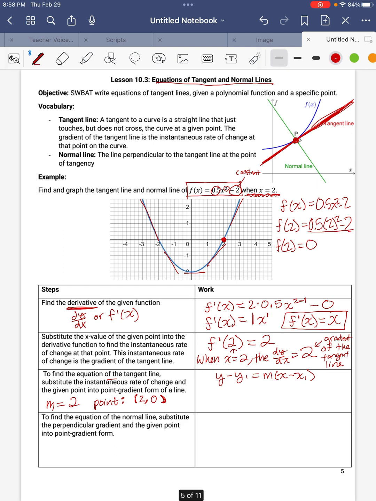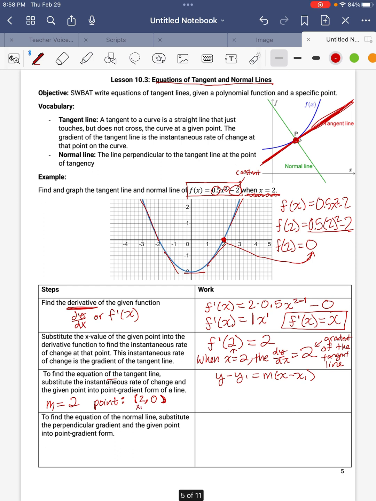Which tells me that the y is 0 when the x is 2, which matches up with this point that I see on my graph. So now I know my point.